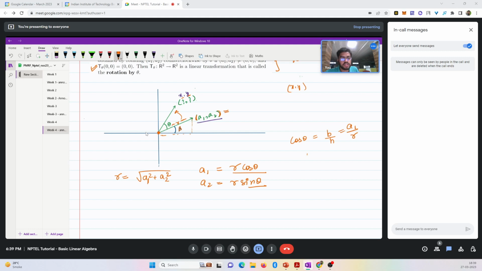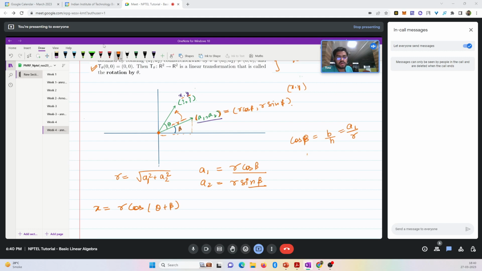So this a1, a2 get replaced by r cos beta, r sin beta. Now we are rotating this point. Sorry, this is beta, not theta. Theta is the angle of rotation. The angle that I chose over here is beta, not theta. Now, for this new point x comma y, you can see that your x must be given by r cos of theta plus beta.